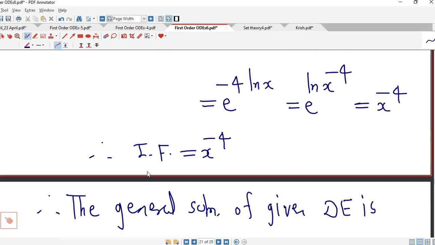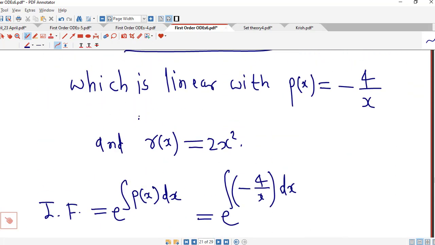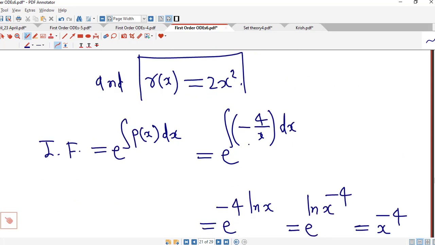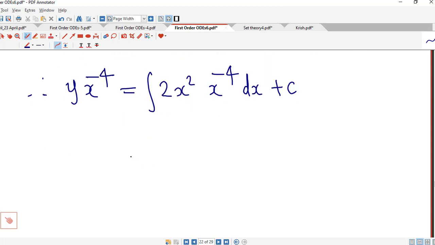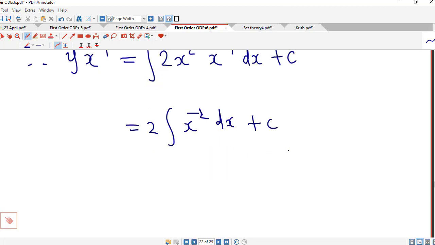Rx, that is the right hand side, is 2x square, and the integrating factor is x raised to minus 4. The integral is with respect to x. So this we can rewrite as 2 times x raised to 2 minus 4, which is minus 2, dx.